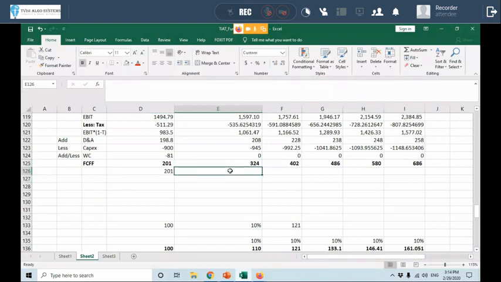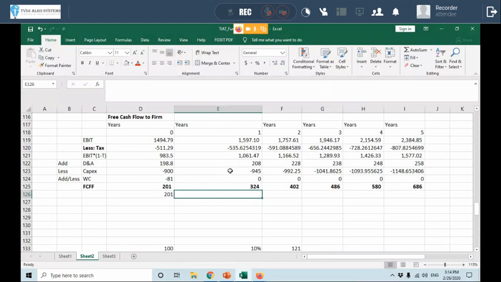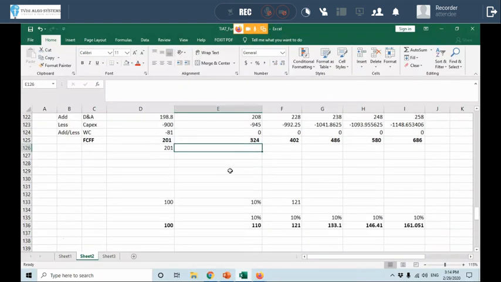Now this 324 is what you are earning after 1 year. So you will have to bring it to present value for 1 year. For example, this will be 324. Suppose your rate of investment expectation is 10%. So 324 divided by 1 plus 10% raised to the power 1.